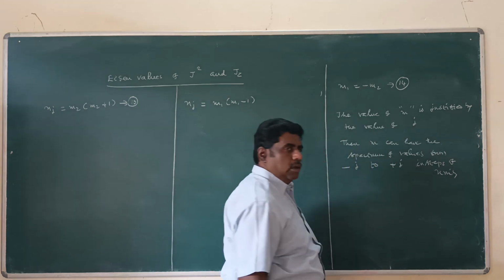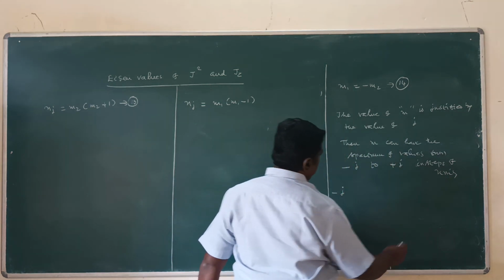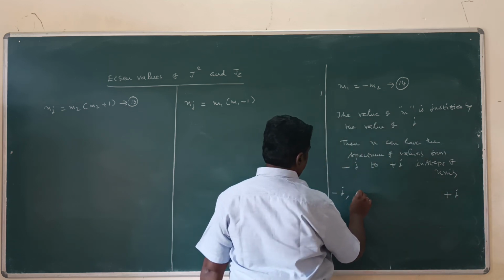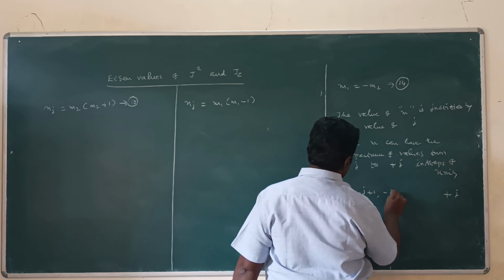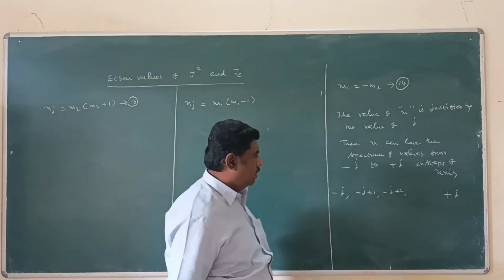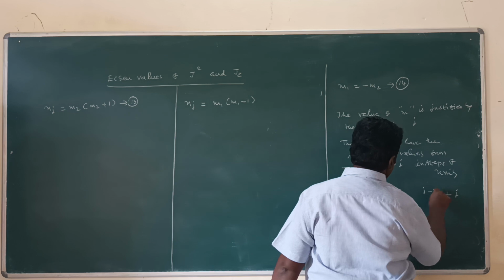Say that the lowest value of m is minus j, then the highest value of m is plus j. So the next value is minus j plus 1, then the next value is minus j plus 2, then the last value is plus j, then previous to the last one is j minus 1.